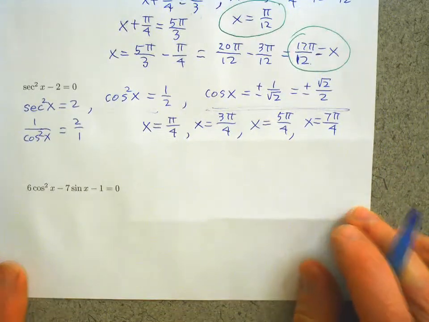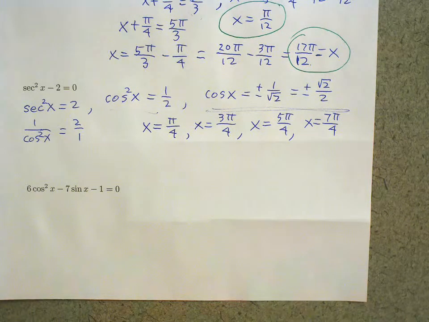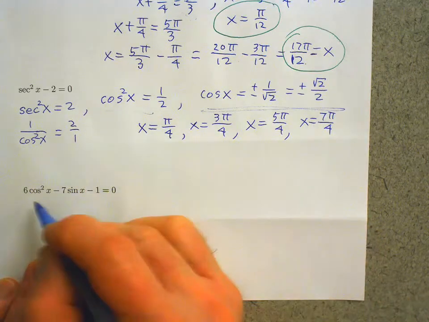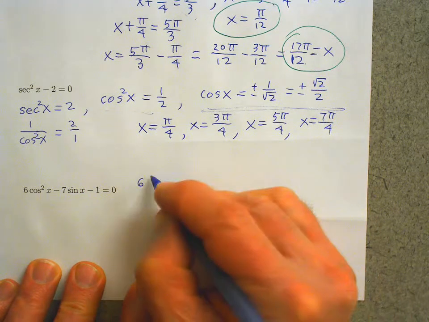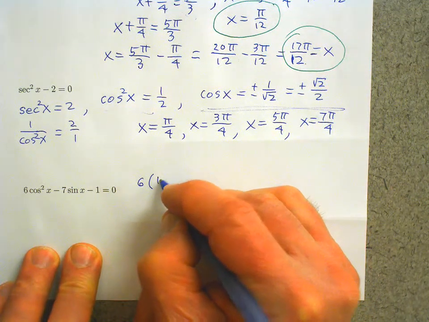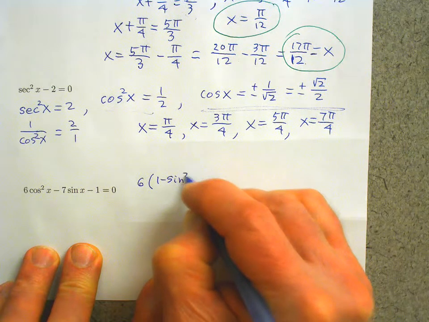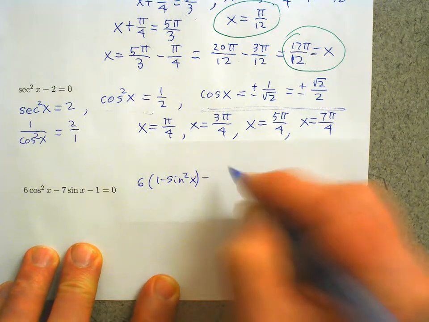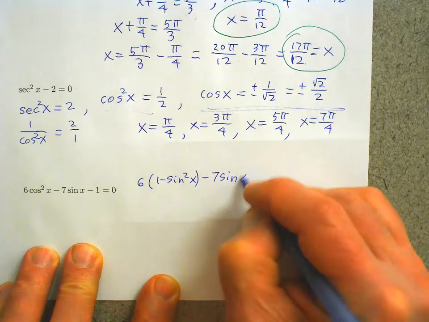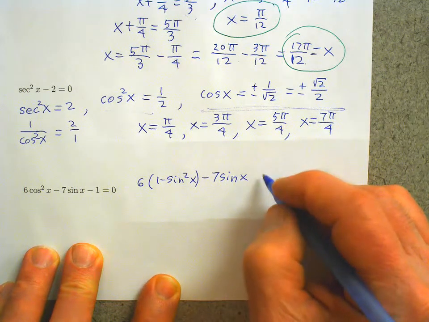Okay, here's another equation. 6 times cosine of x squared minus 7 times sine of x minus 1 equals 0. On this one, I think we should replace cosine of x squared with 1 minus sine of x squared, and then we'll get an equation that's quadratic in form involving sine of x only.